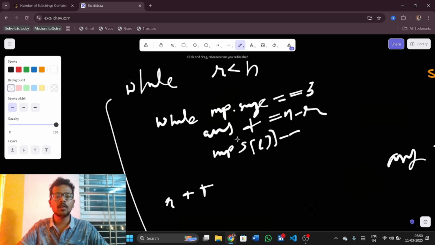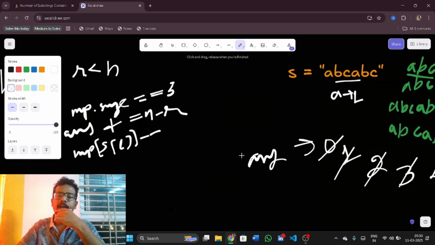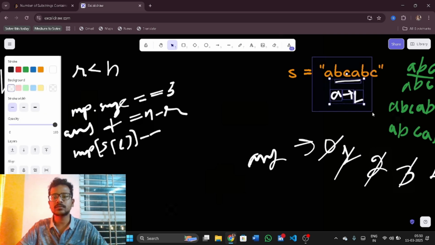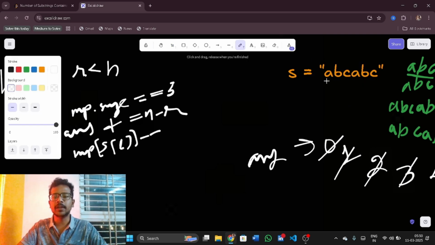Now after that, imagine something like here I only have A, B, C. Hypothetically I am incrementing my left pointer here. Now A is having 1 and B is also having 1, C is also having 1. But when I increment my left pointer, it will become BC, and A will have 0 as the frequency count.